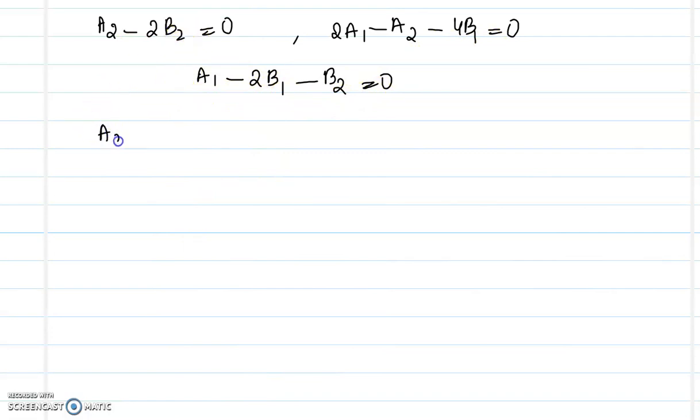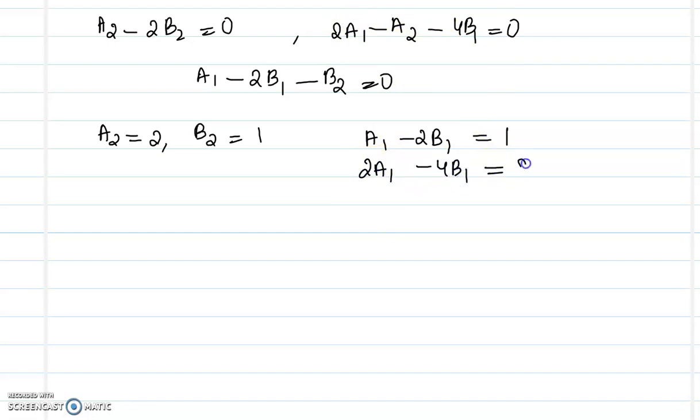So when we take a2 equal to 2 and b2 equal to 1, that satisfies the first equation, and upon substituting into the second equation, when we take the third equation, we will be getting a1 minus 2b1 equal to 1, and here upon substituting a2 we will be getting 2a1 minus 4b1 equal to 2.